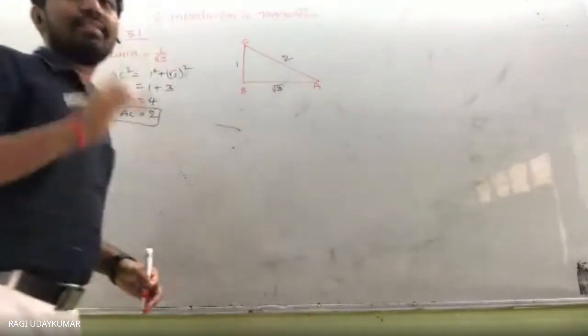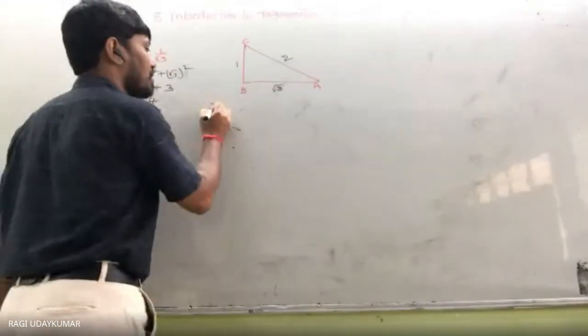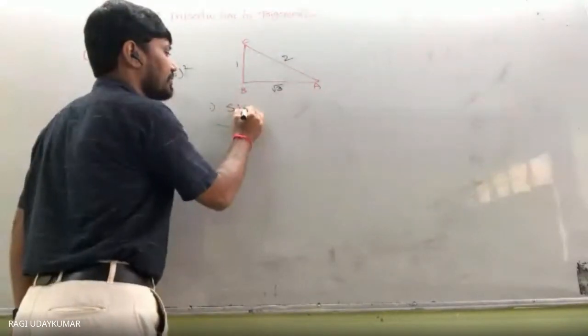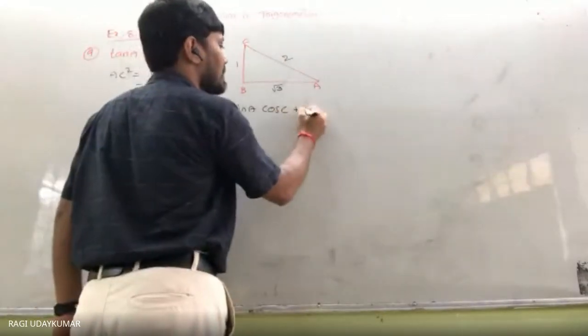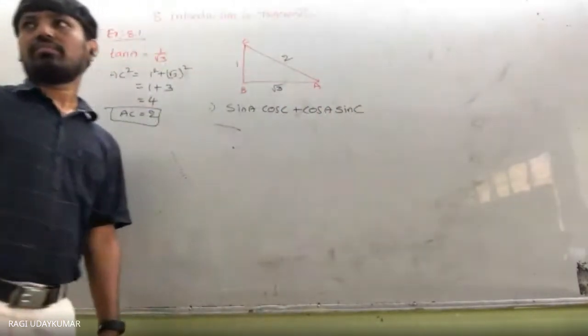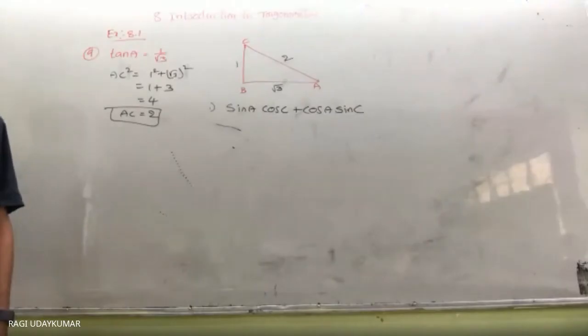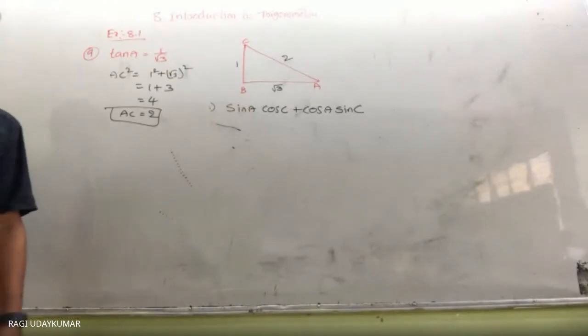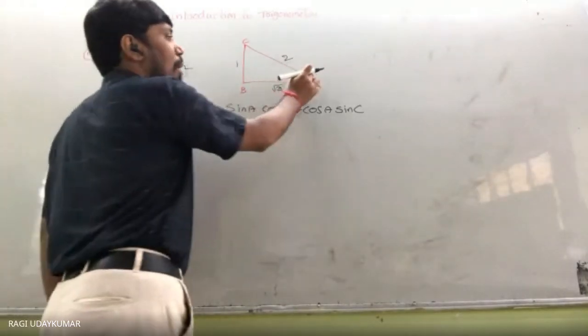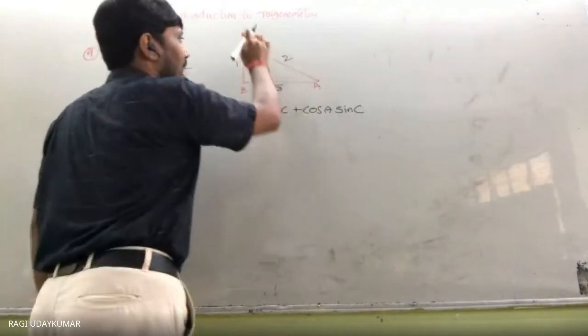Okay. Now what are the things asked to find out here? The first question is asking sin A cos C plus cos A sin C. Sin A I am writing directly, not writing the opposite of A. The opposite of this is BC.